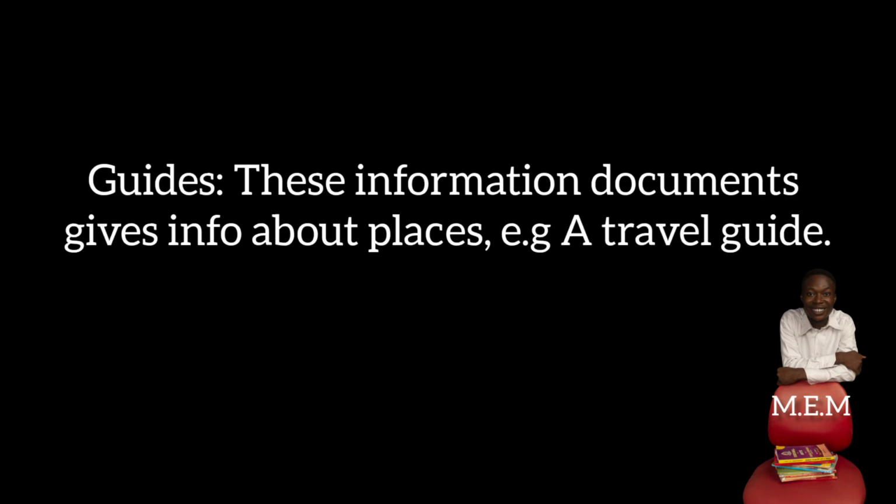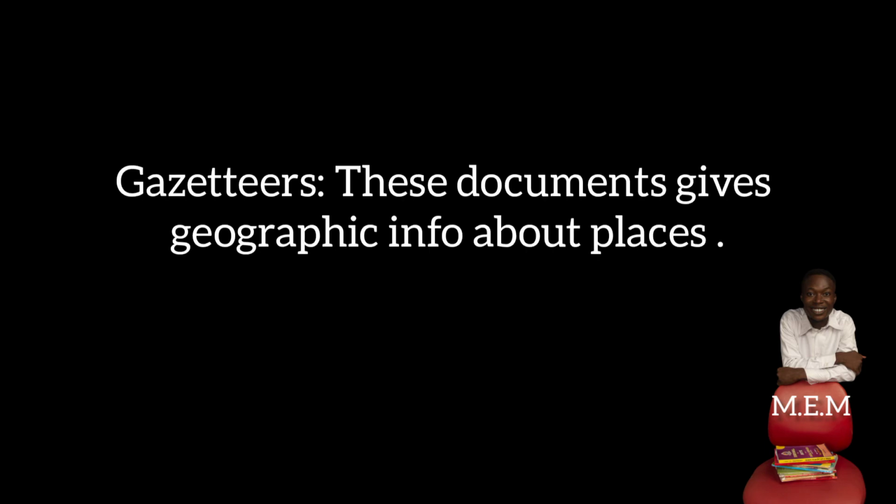We also have guides. Guides are another material that we find in the library under the book material. We can have, for example, a travel guide. Maybe you want to travel to a country like America and you don't know how to go about it. You can always use the travel guide. We also have gazetteers.